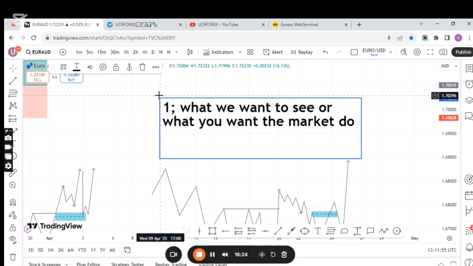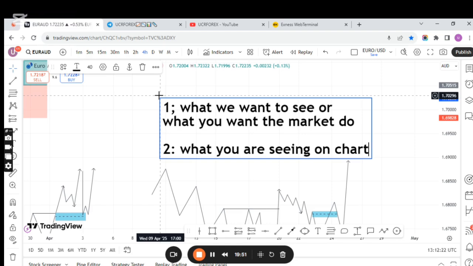And there's a big difference between this first statement I made, what you want to see on the chart or what you want the market to do, I think the two of them are the same, right? And then there's this other statement, what you are seeing on the chart. So that is it now. There's a very big difference between these two things.